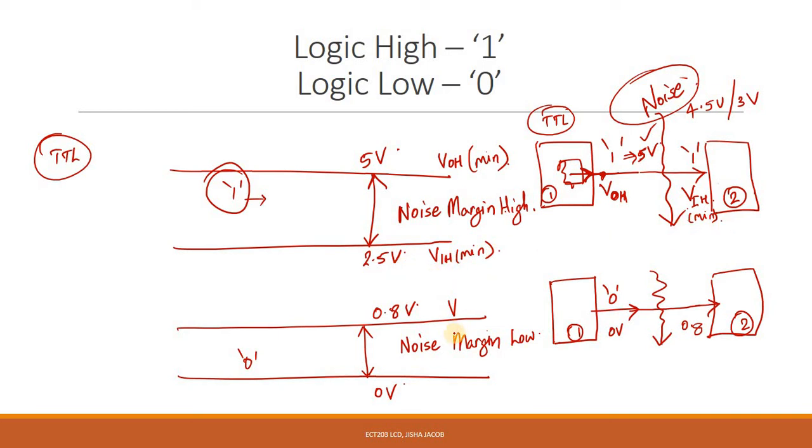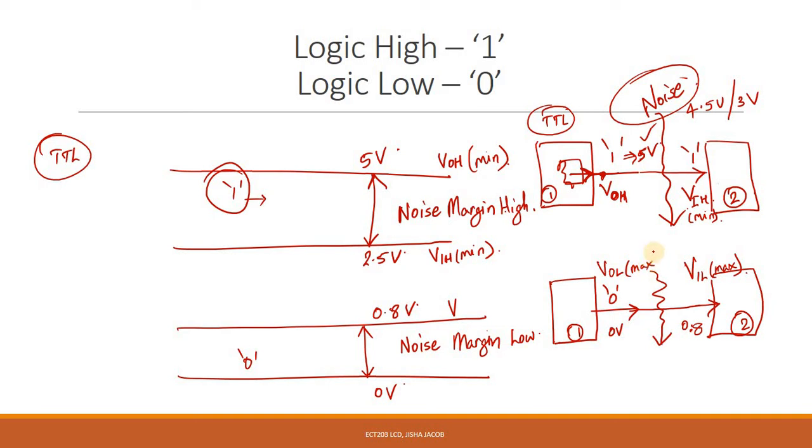Similarly, you have notations for logic 0 also. That is, the voltage at the output corresponding to logic 0 is VOL, and the voltage corresponding to logic 0 at the input is VIL. The maximum that is allowed is 0.8 volts, so I will call it VIL maximum.